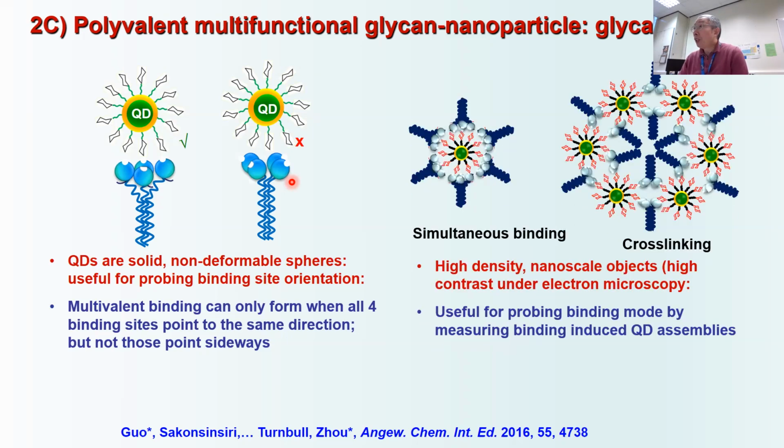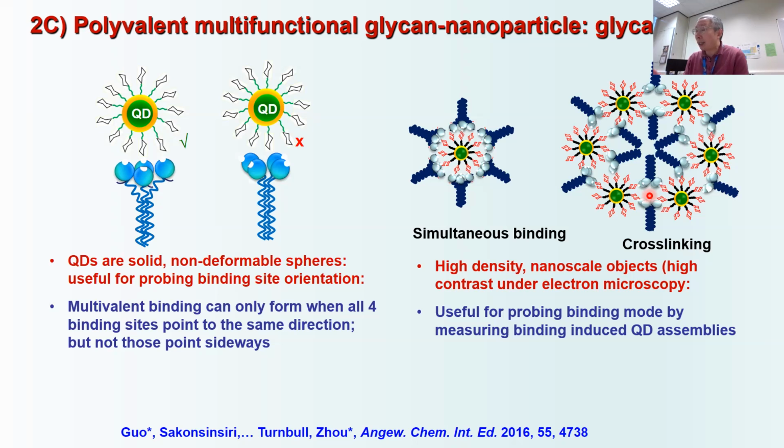Also, if all of these proteins bind simultaneously to one quantum dot, then in the multi-protein bound case, that should give us individual nanoparticles. On the other hand, if they cross-link, then we should see them assemble into much bigger structures.